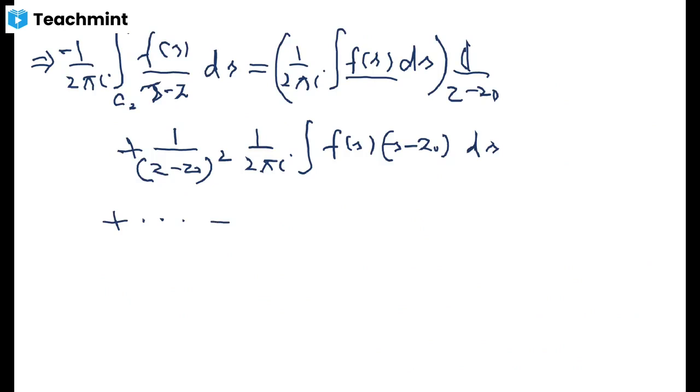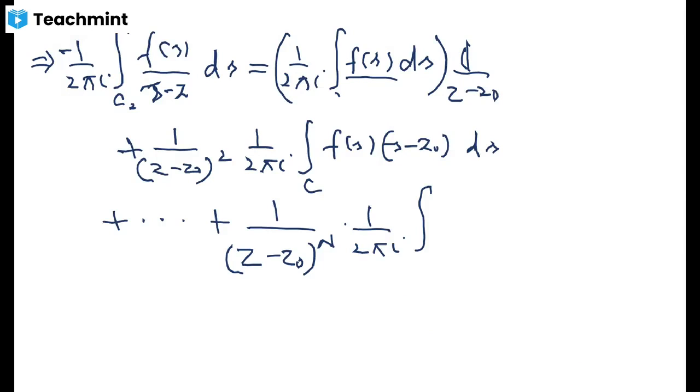You will have the last term where you will have the power of z minus z naught to power n into 1 upon 2 pi i. It is the integral over C2, and you will have f of zeta, and see what will be the power of zeta minus z naught now.